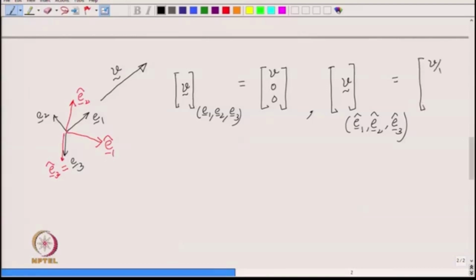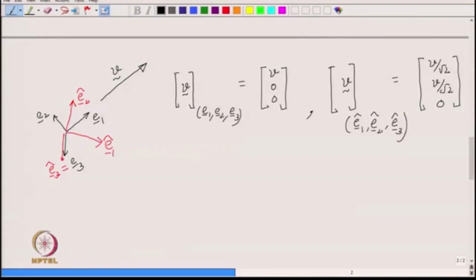So, it is v by root 2, v by root 2 and 0. So, the first two components are both non-zero. That is because we are now choosing a different coordinate system to represent the vector, but you see the vector is the same. For both the cases we have the same vector v, the vector has not changed.